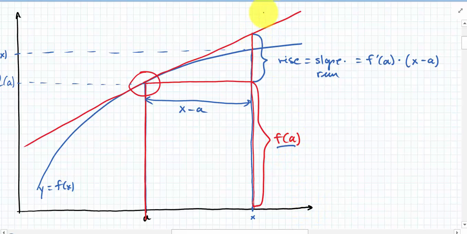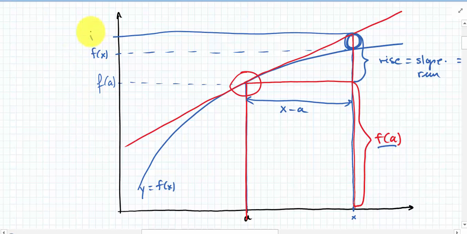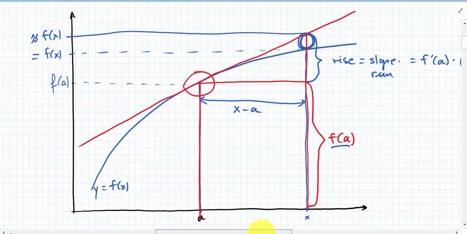Basically, you're making a mistake. Here's my mistake, a mistake I'm making by approximating f of x by the tangent line right here. This is exact, and this is about. So what formula do we land on?